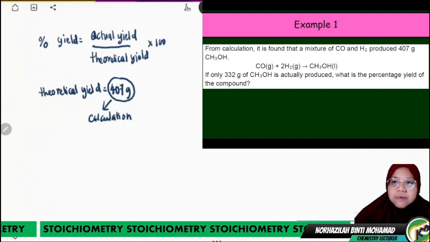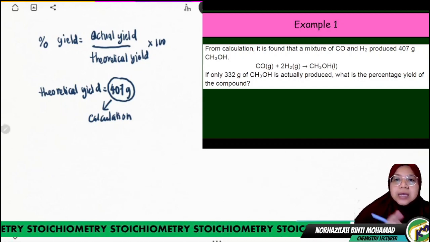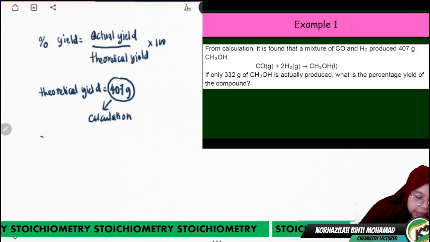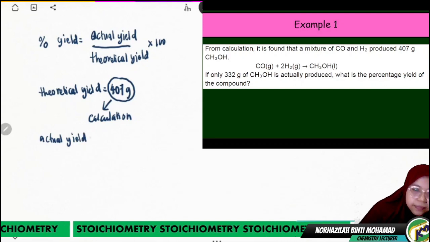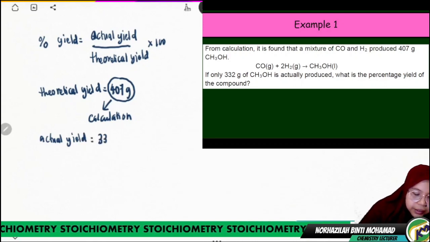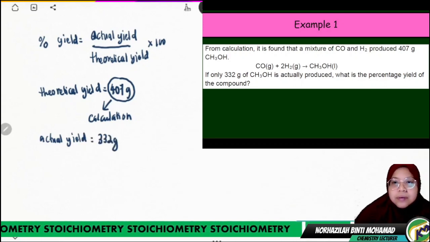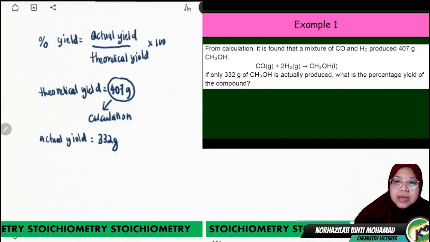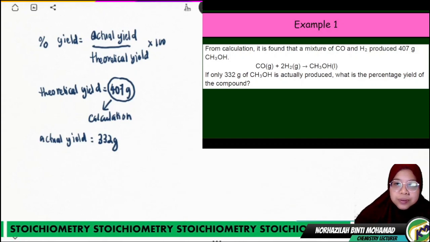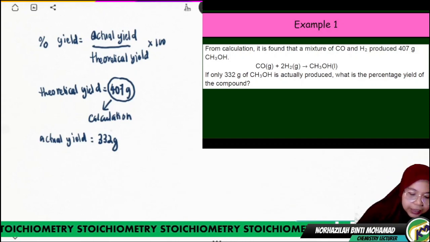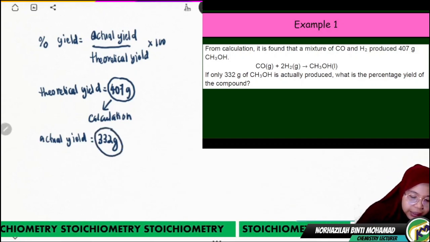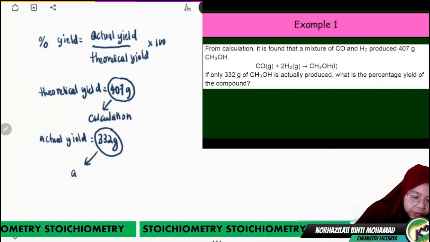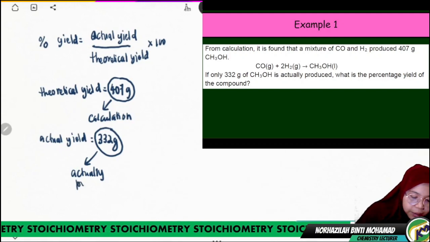And the actual yield is 332 grams. So if only 332 grams of methanol is actually produced, the word actually is the clue for the actual yield, actually produced.